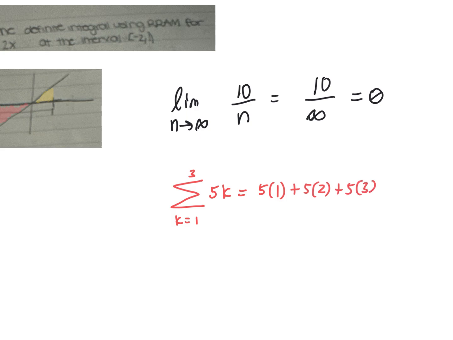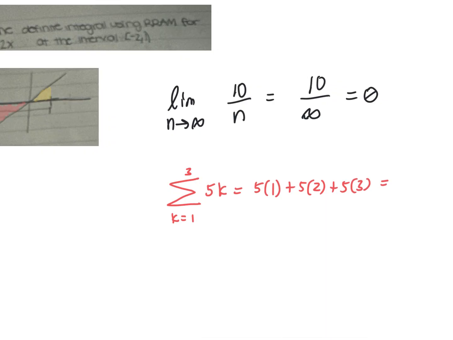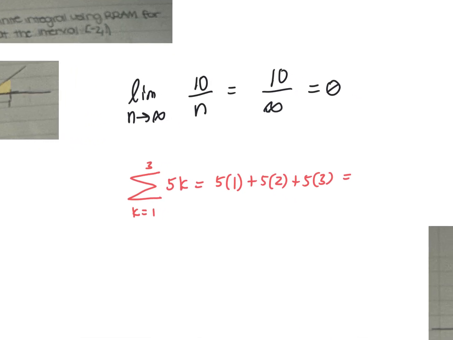And then that equals 5 plus 10 plus 15, which is what, 30? Unless I'm crazy. Okay, so that is a general reminder of what this means and how it works. So that's something to take into account.